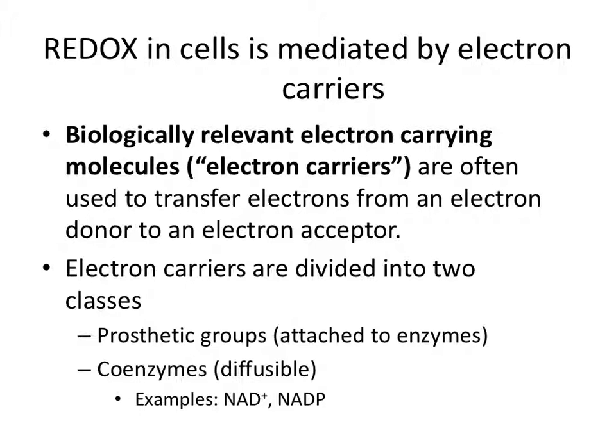There are two types of electron carriers found inside cells: prosthetic groups, which are attached to enzymes, and coenzymes, which are small diffusible molecules. The coenzymes you're most familiar with are likely NAD and NADP, nicotinamide adenine dinucleotide and nicotinamide adenine dinucleotide phosphate.